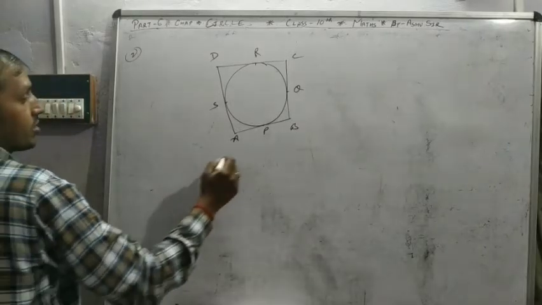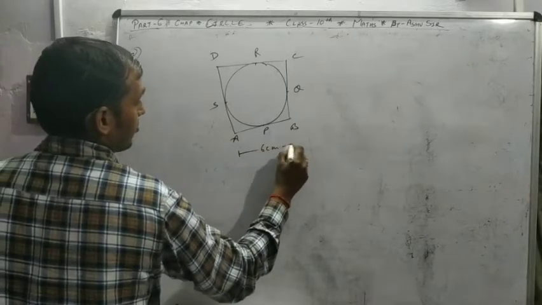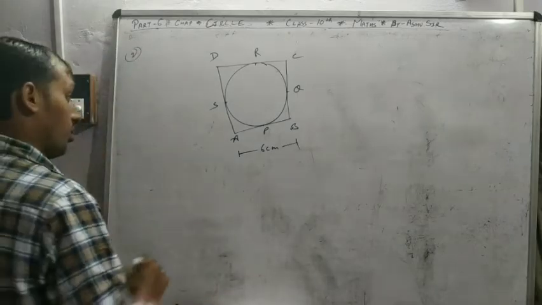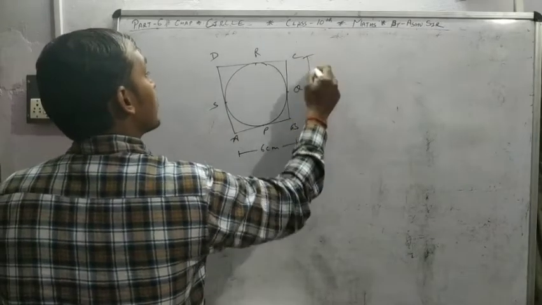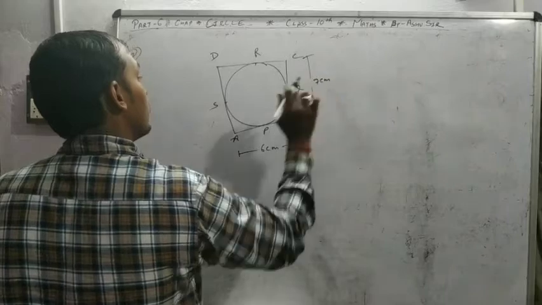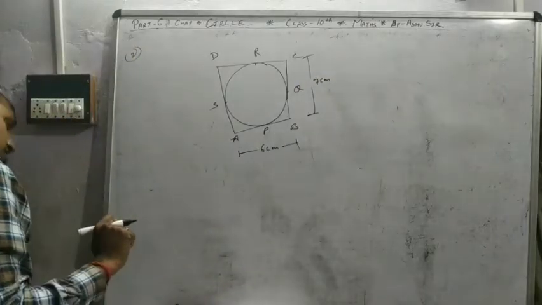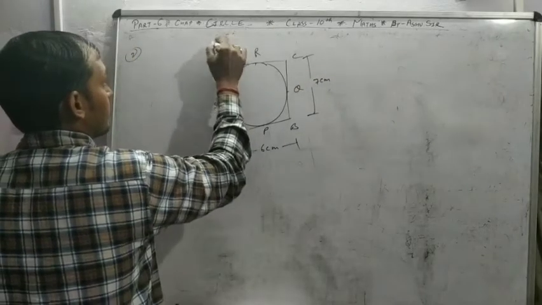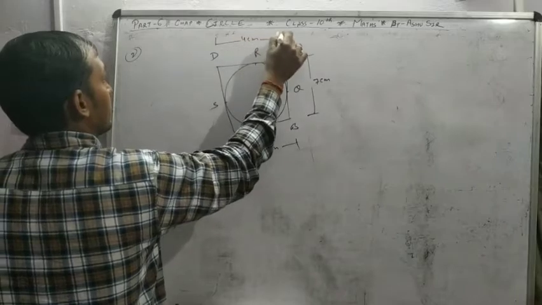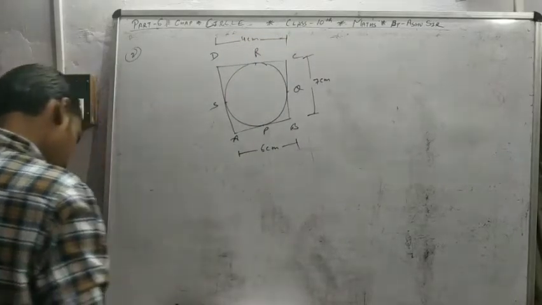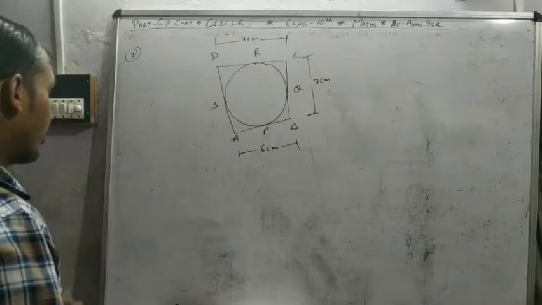So AB is 6 centimeters, BC 7 centimeters, CD 4 centimeters. Find the length of AD.